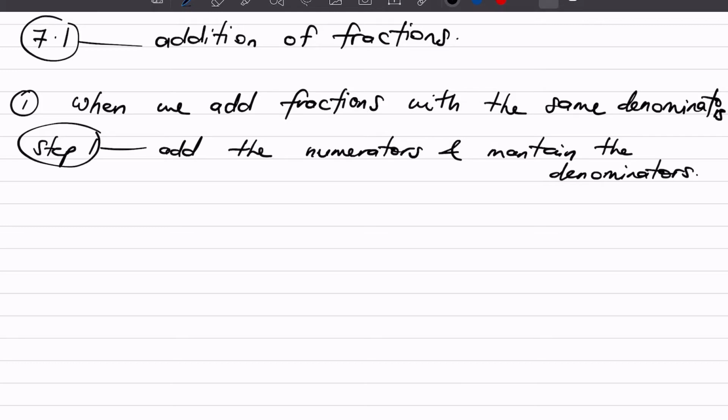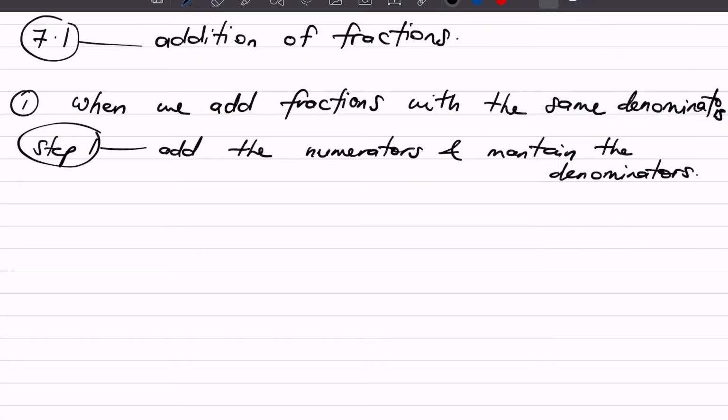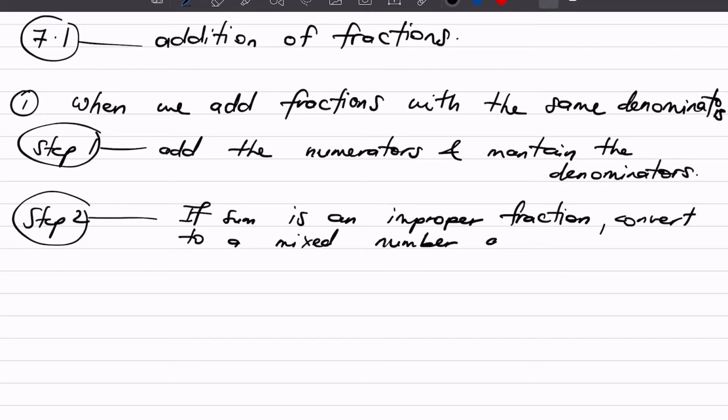Step 2, if the sum is an improper fraction, you have to convert to a mixed number and simplify.